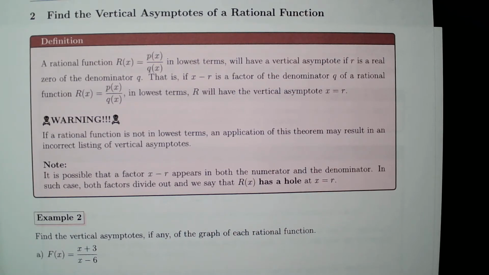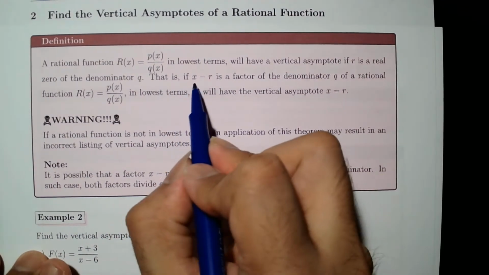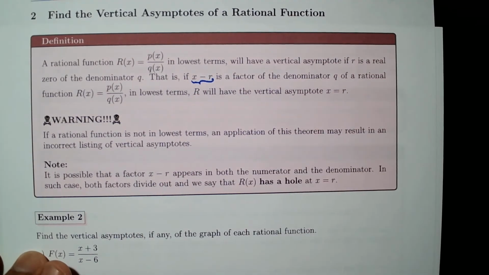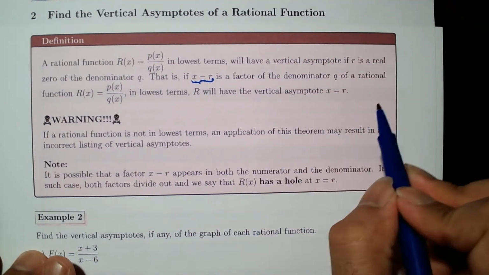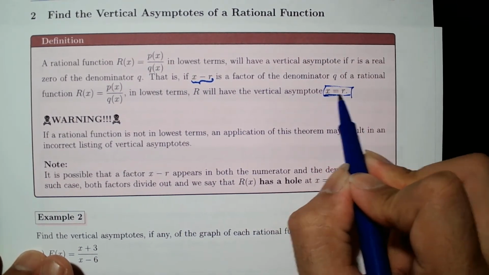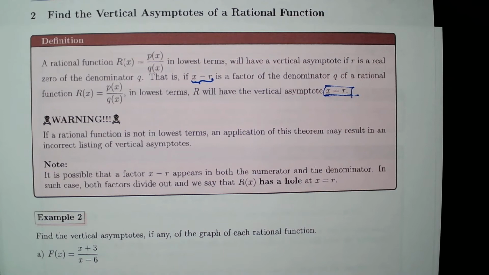Then we have a vertical asymptote if r is a real 0 of the denominator q. In other words, a factor in the denominator of the form x minus r tells us that x equals r is the equation of a vertical asymptote.